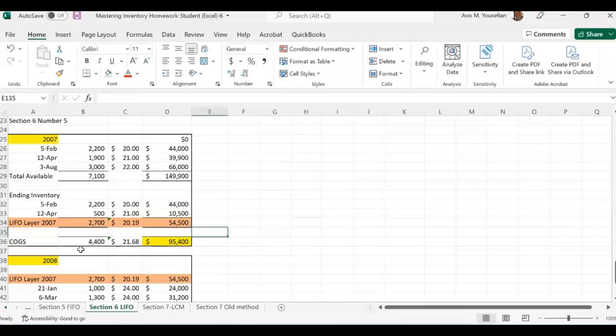But what was the cost of goods sold? The cost of goods sold is available minus end, which is 4,400 units sold. And the dollar amount is available, 149,900 less 54,500 LIFO layer. Ending inventory cost, so that will give us 95,400.